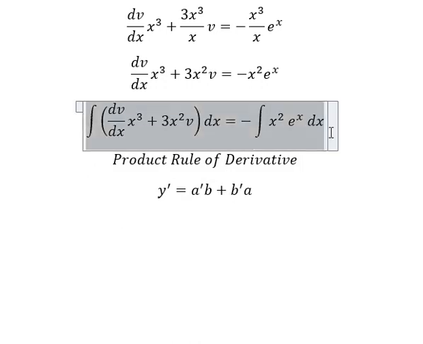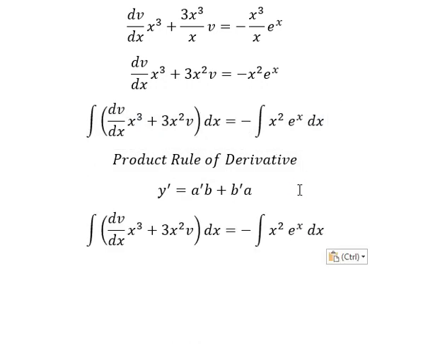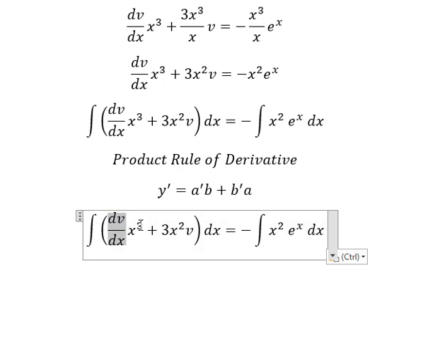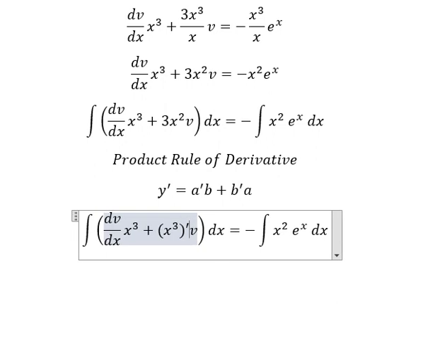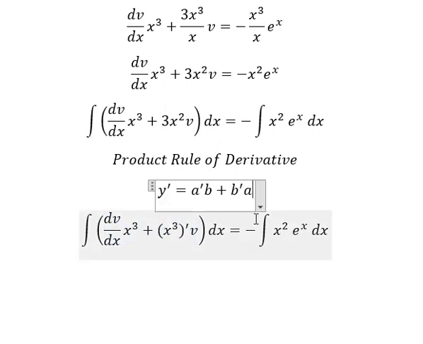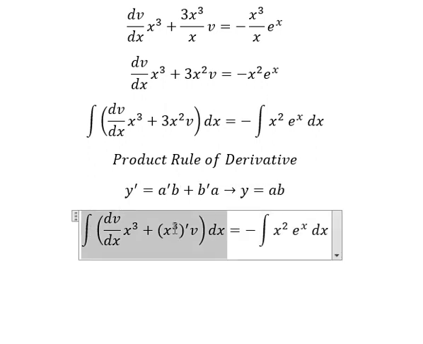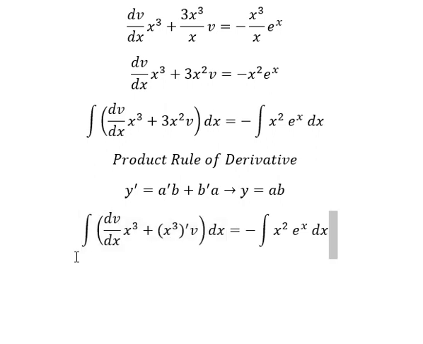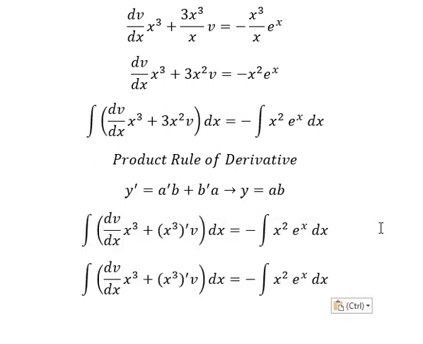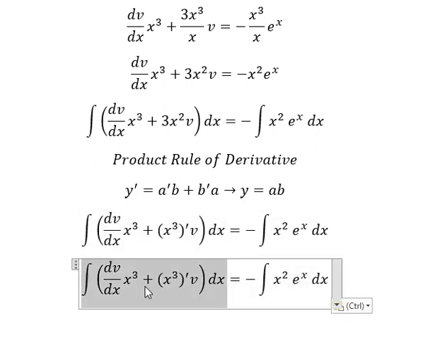So in this one, we have the first derivative of a multiplied by b. This one is the first derivative of b multiplied by a. So the integration of this one, we have y equals ab. So the integration of that one, we have v x to the power of 3.